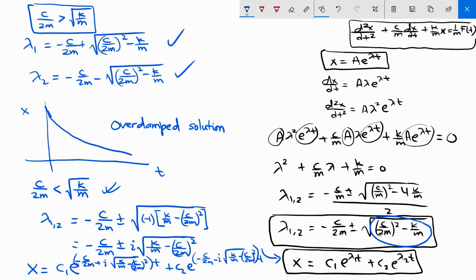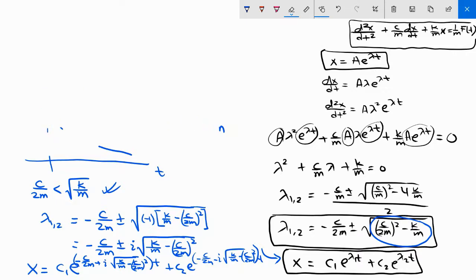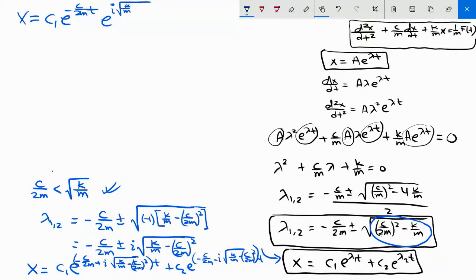Okay, so this can be rewritten in the following way. We can write x equals c1 e to the power negative c over 2m t times e to the power i square root of k over m minus (c over 2m) square times t, plus c2 e to the power minus c over 2m t times e to the power negative i square root of k over m minus (c over 2m) square times t.